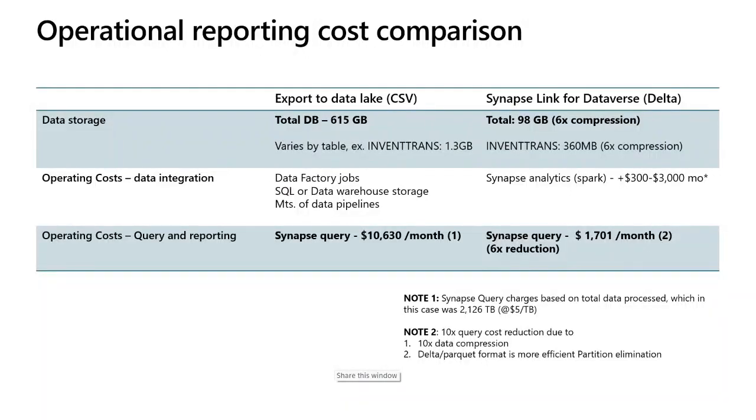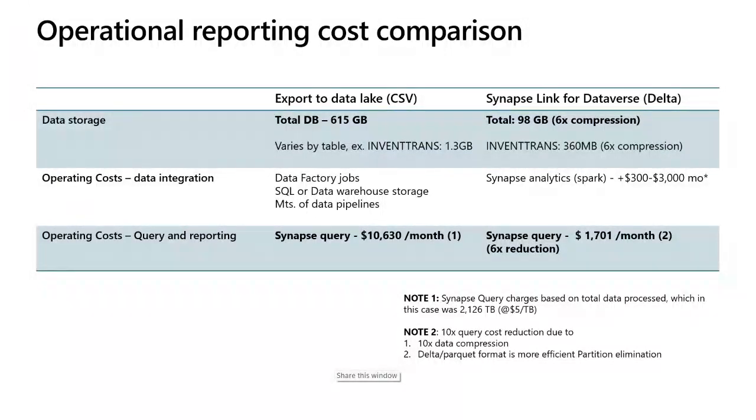As an example, what you see here on the slide, a customer's database was 615 gigabytes of CSV when they exported to data lake. If we compare 6-time compression, it would be 98 gigabytes.